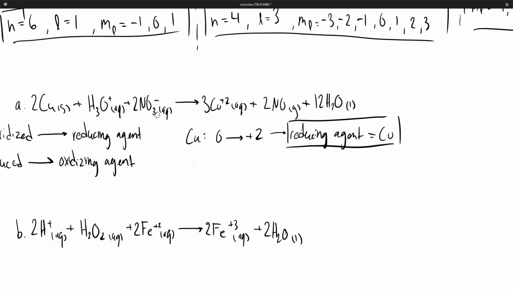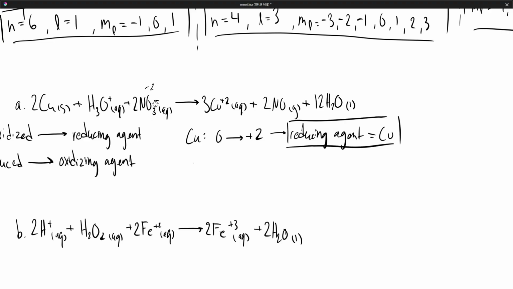Okay. And look at nitrogen here. The oxygen is always going to be -2 unless it's in a peroxide. But here it's not in the peroxide, so it's -2. There's 3 of them, which means in total it's -6.